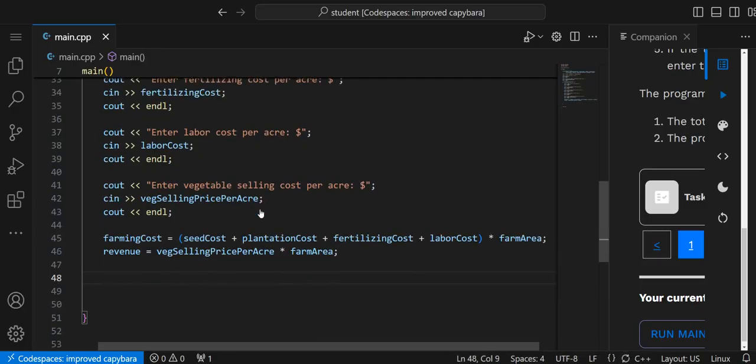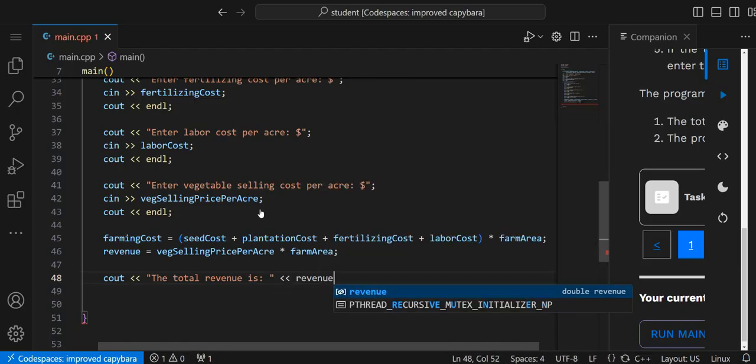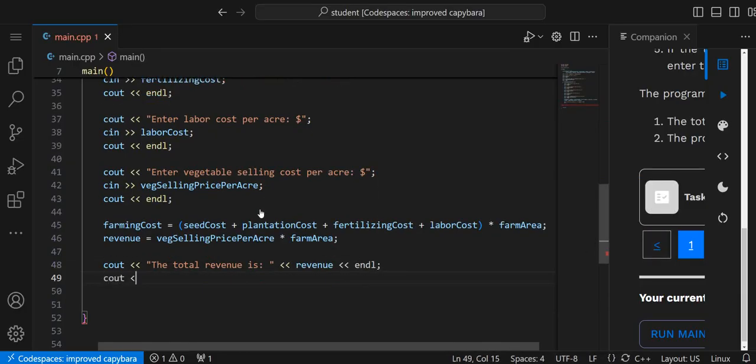All right, so cout total revenue is, and profit loss from farming.